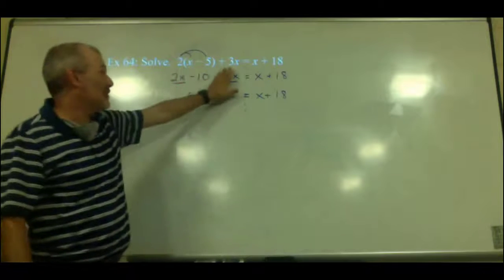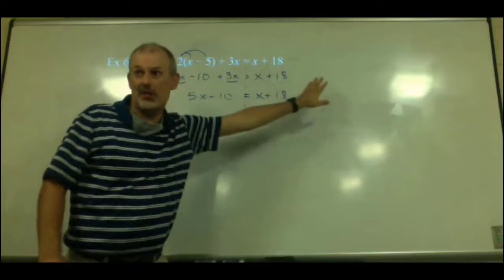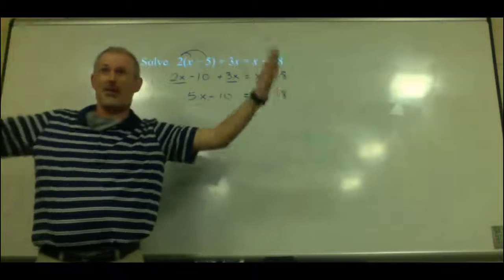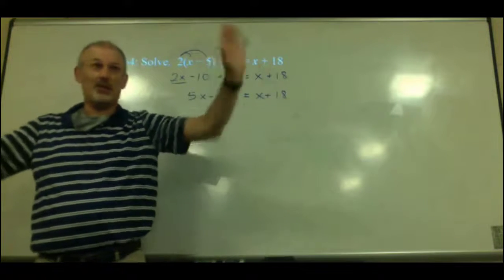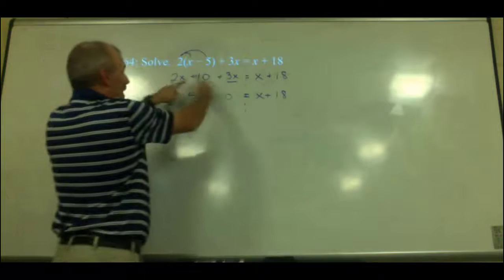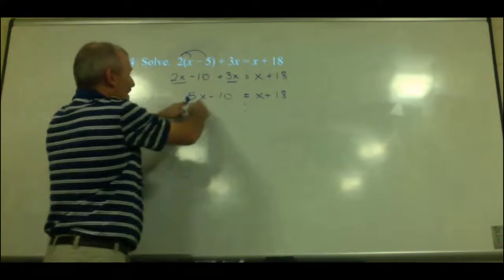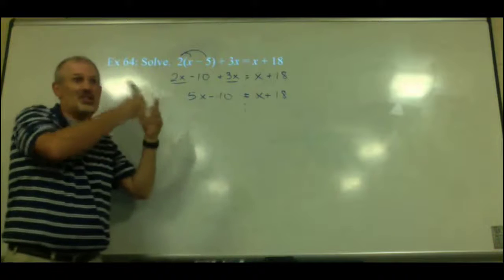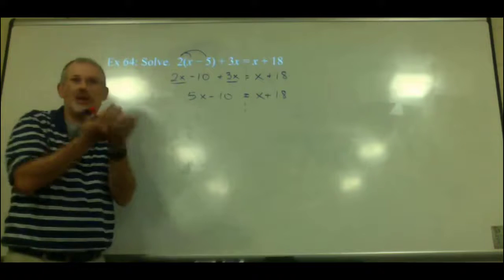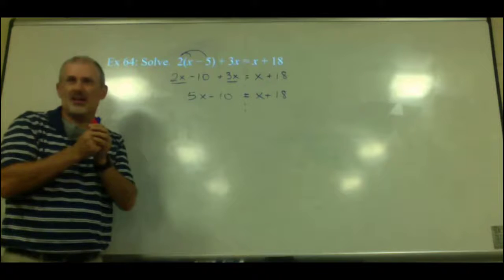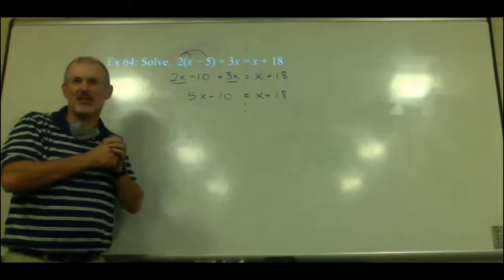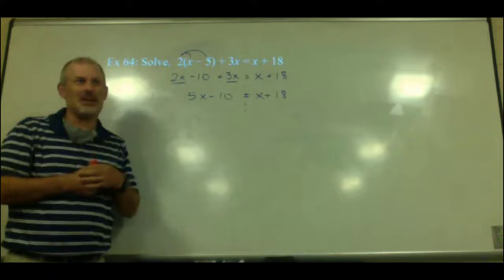You could do that once here, but then you'd have to do it over here. Once on both sides. Remember to keep the teeter-totter balance. But notice here, we're just combining these together. The 2x and the 3x equal the 5x. We're not changing anything. We're not canceling anything. We're just putting them together. Does that make sense?